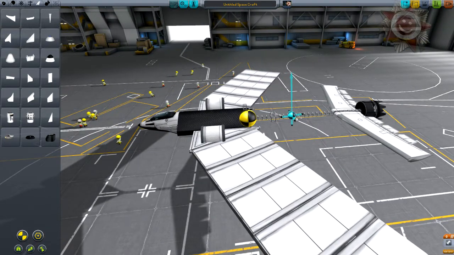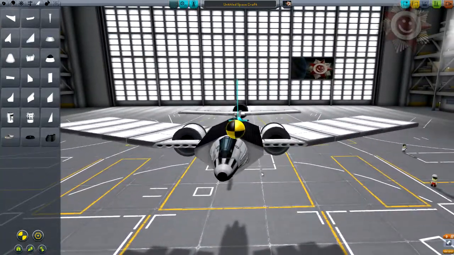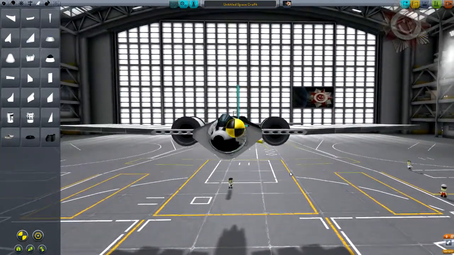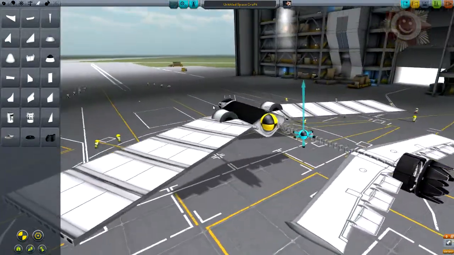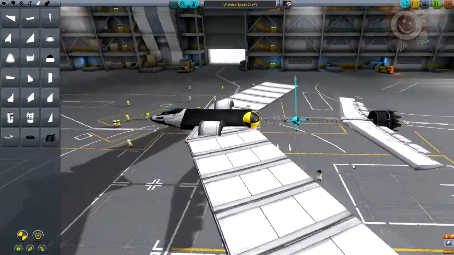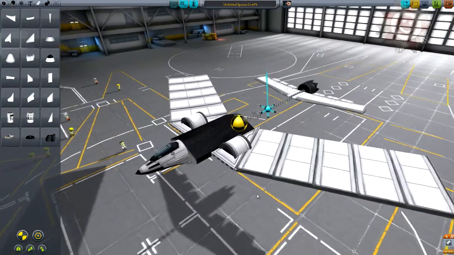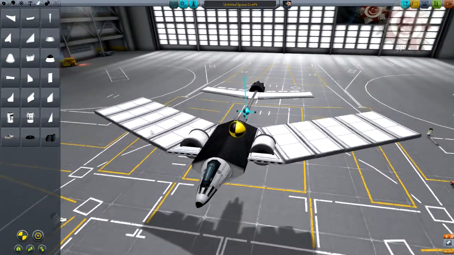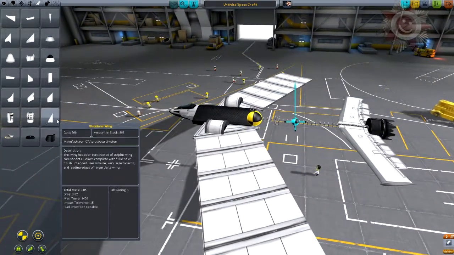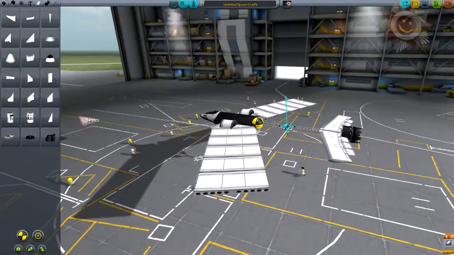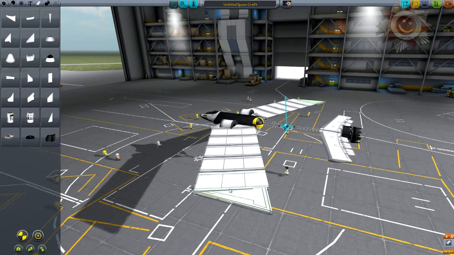If it's too far back, then the plane doesn't want to lift its nose or anything. It just wants to fly straight, or if it flies at all, it wants to fly straight, and we don't want that, so we need to move it back forwards a bit.